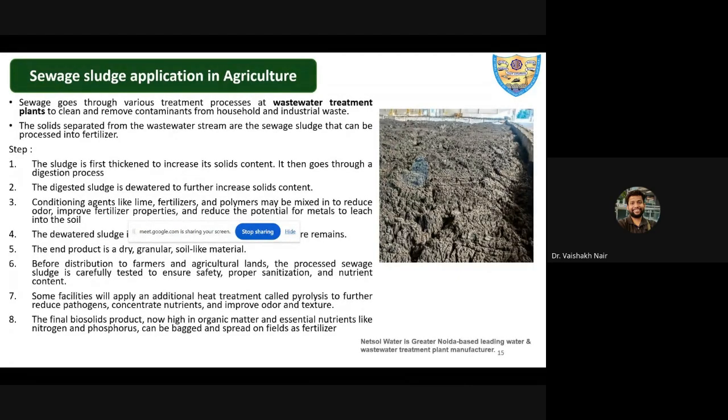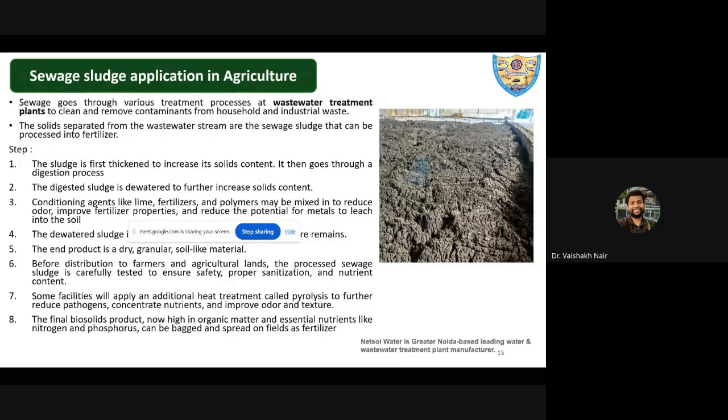Now coming here, this is an Indian-based water treatment plant, where they are trying to develop a biosolid based on the sewage sludge. They have stated the steps involved in making this type of fertilizer.